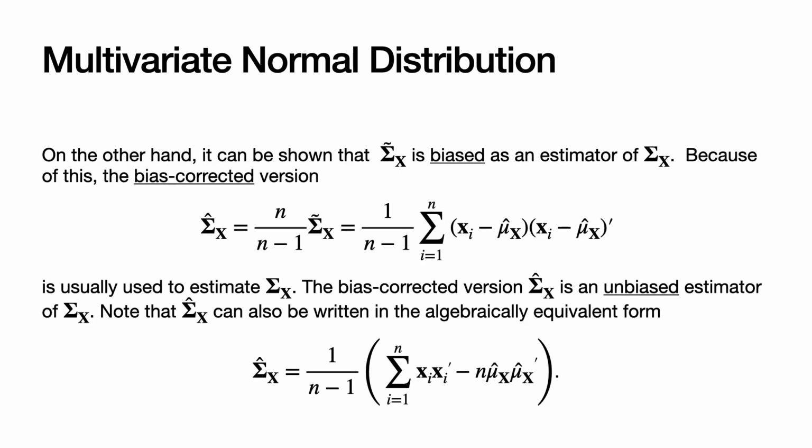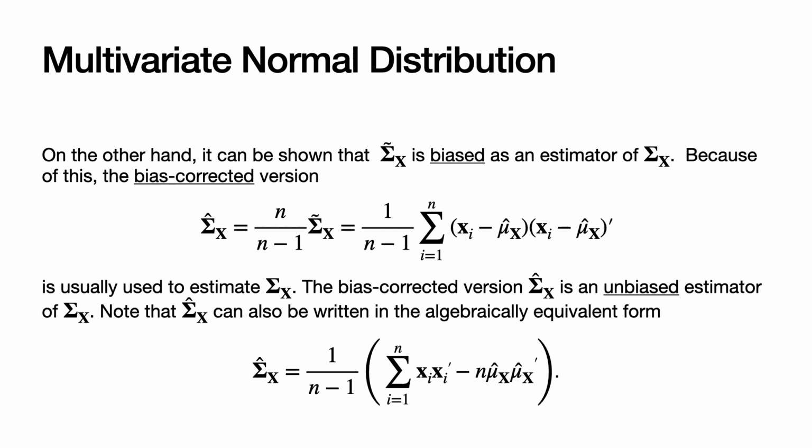Now, on the other hand, it can be shown that sigma tilde sub x is biased as an estimator of the covariance matrix capital sigma sub x. In particular, the quantities in the maximum likelihood estimator tend to be attenuated towards 0. And so because of this, we can come up with a bias corrected version, which we're going to denote by sigma hat sub x.